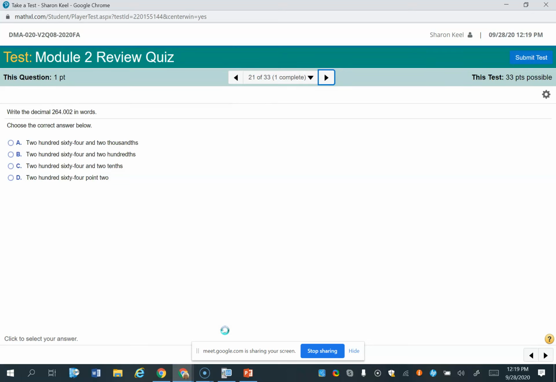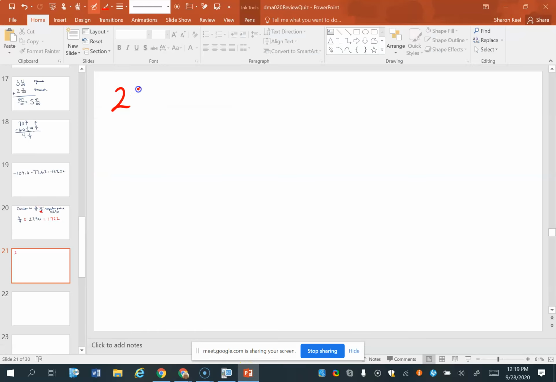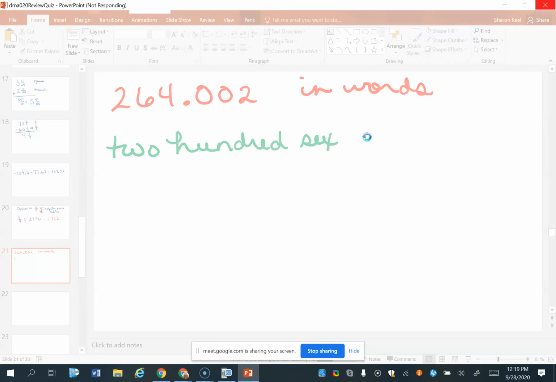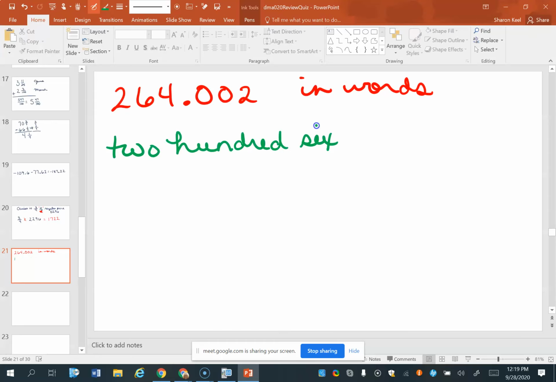Write the decimal 264, decimal, 2 zeros and a 2. So 264.002. We want to write this in words. So remember, we're going to read the left side as if it's a whole number. So that would be 264.